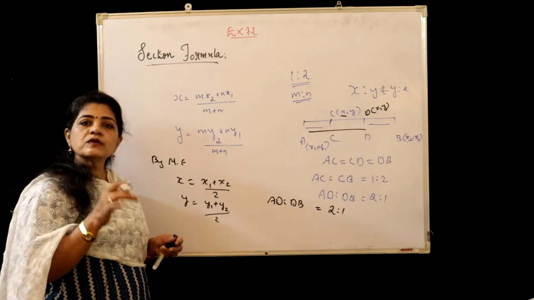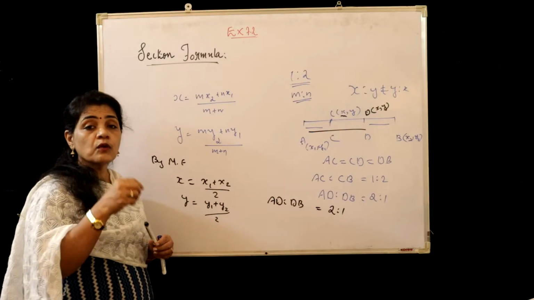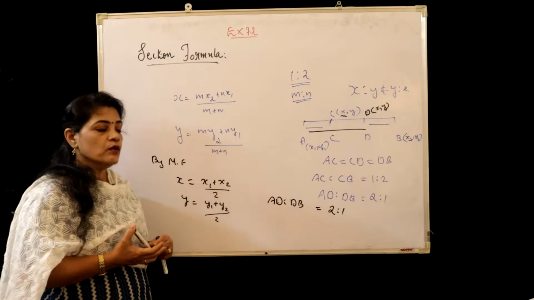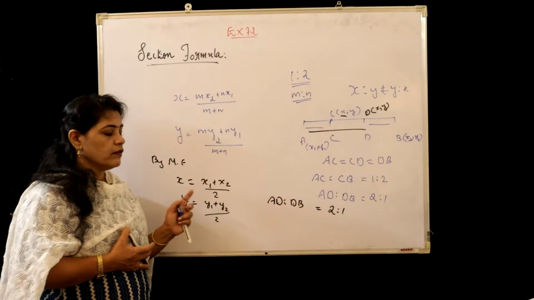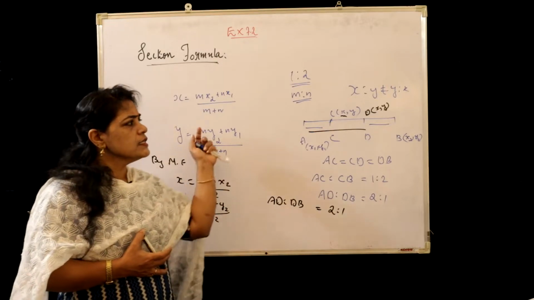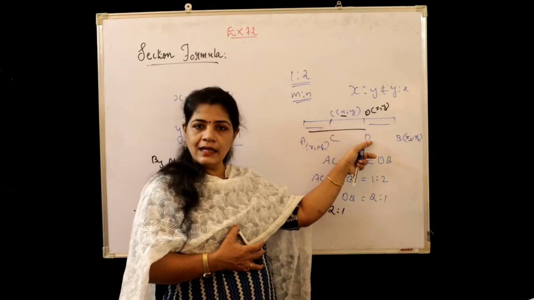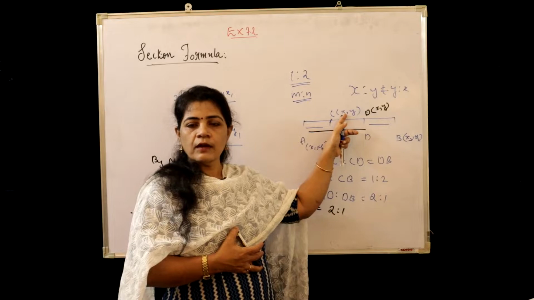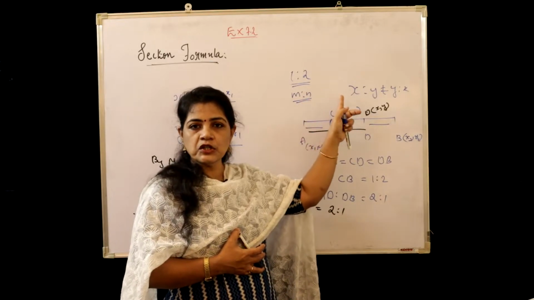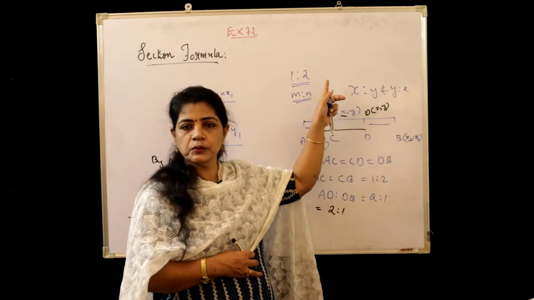So without using the section formula, if you know the coordinates of D, you can apply this midpoint formula, x1 plus x2 by 2 and y1 plus y2 by 2. In the same way, children, before calculating D, suppose you have the coordinates of C by using the section formula by taking the ratio as 1:2.